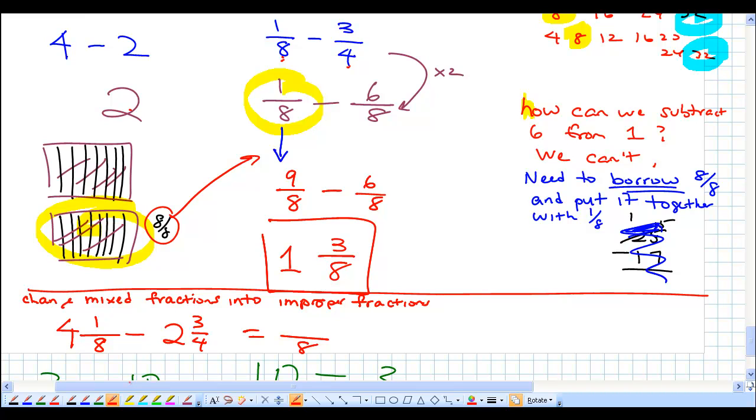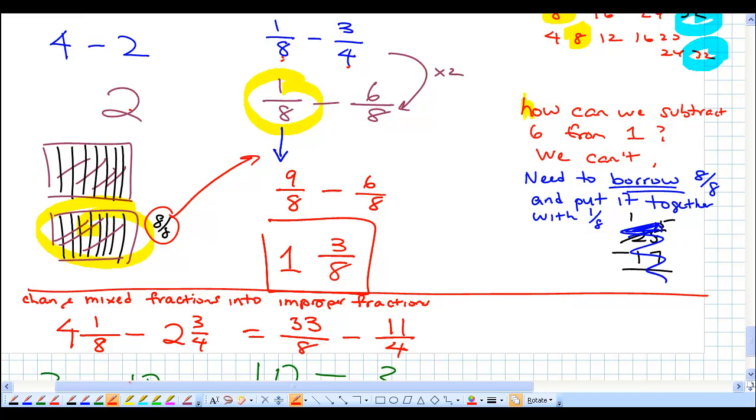So 8 times 4 is 32, plus 1 is 33. So the first fraction now becomes 33/8. Okay? How about the next one? This is in fourths, so same idea. We take the denominator of 4, multiply that by 2. What's 4 times 2? 8. 8 plus 3 is 11. Good.